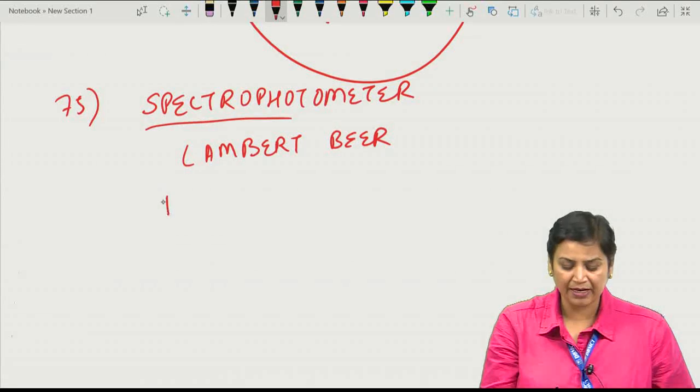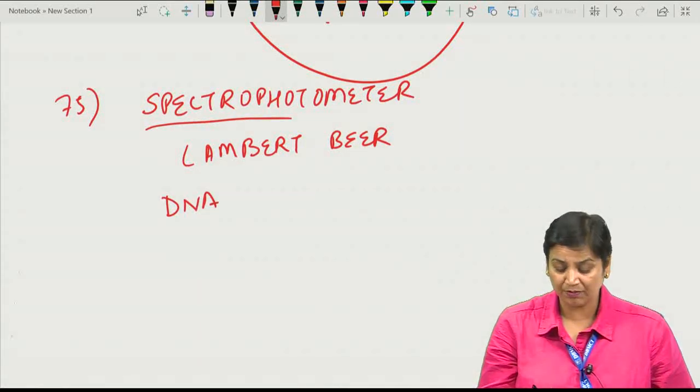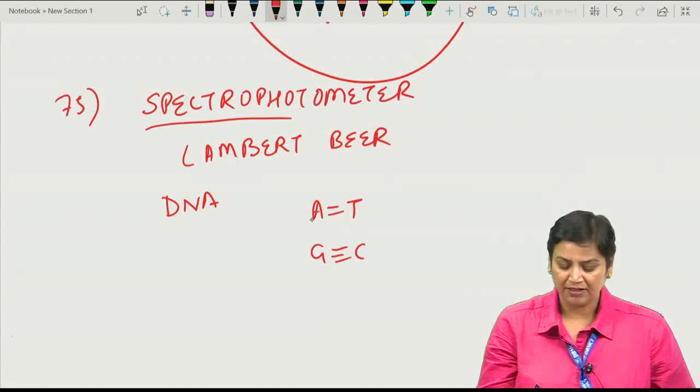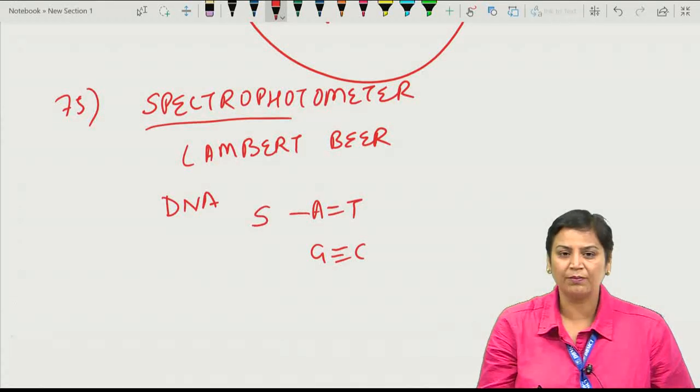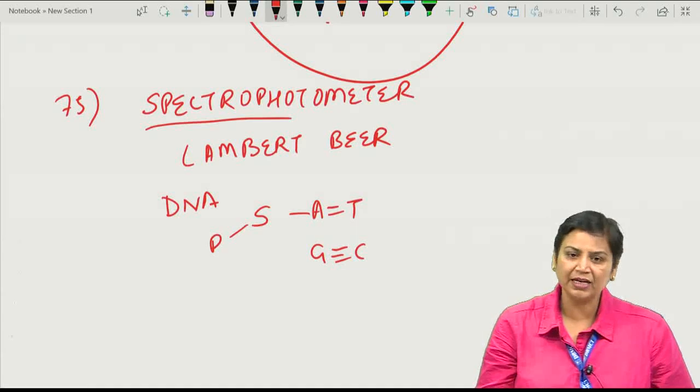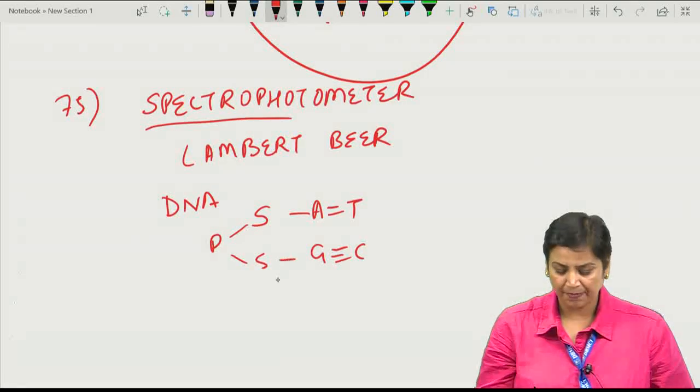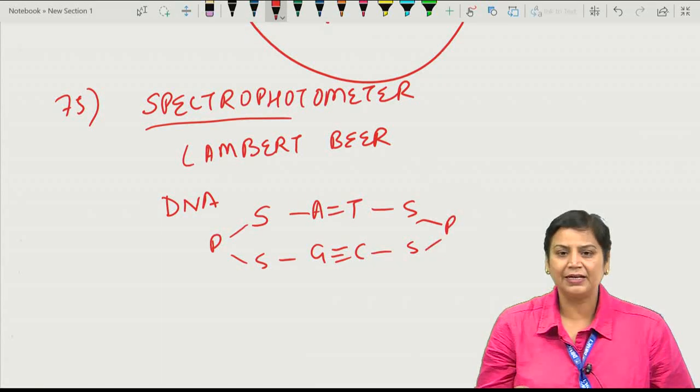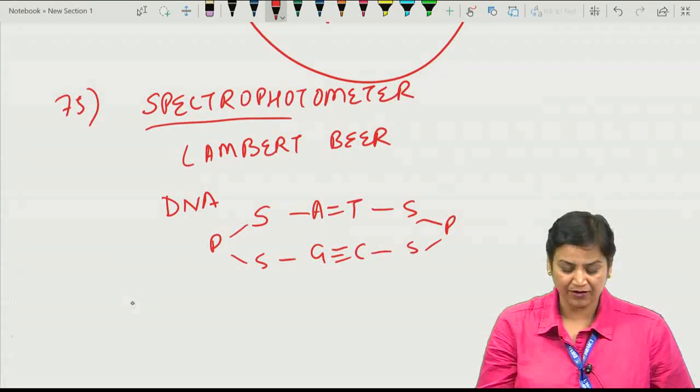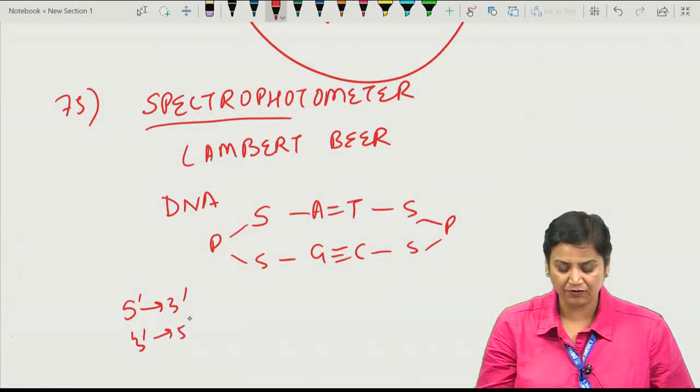Now if you look at DNA, it is double helical in structure, meaning it has bases linked by hydrogen bonds, bases linked to sugar by a glycosidic bond, and sugar linked to phosphate by a phosphodiester bond. All of you know the DNA strands are anti-parallel: if one runs in the 5 prime to 3 prime direction, the other runs 3 prime to 5 prime.